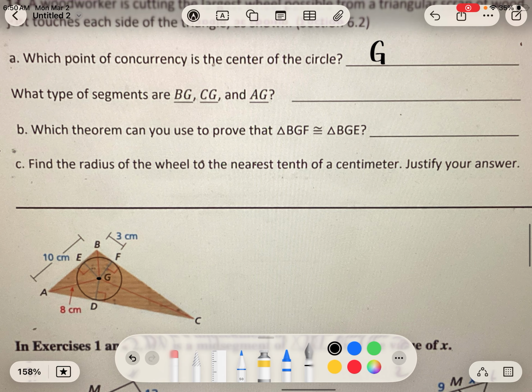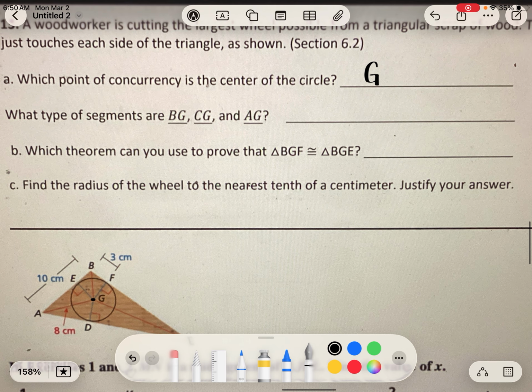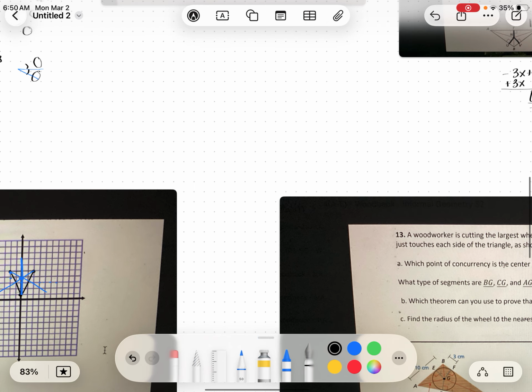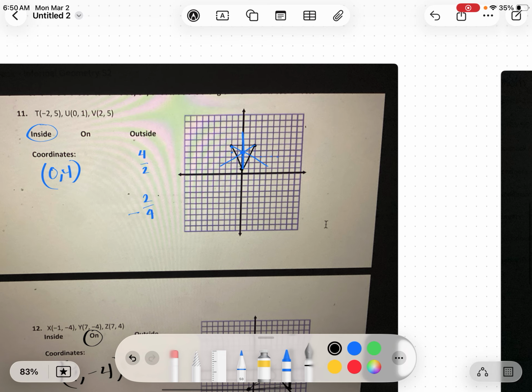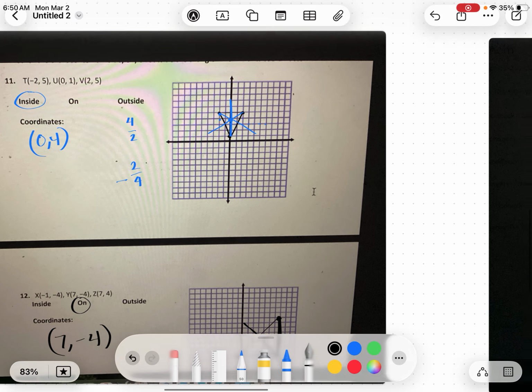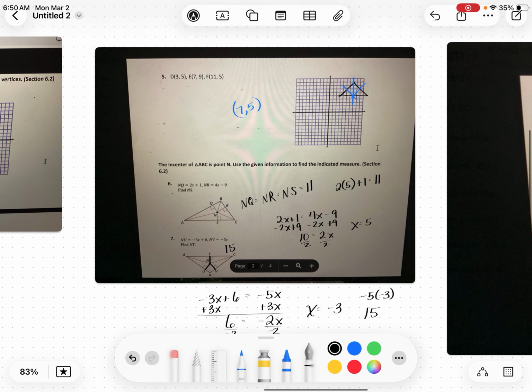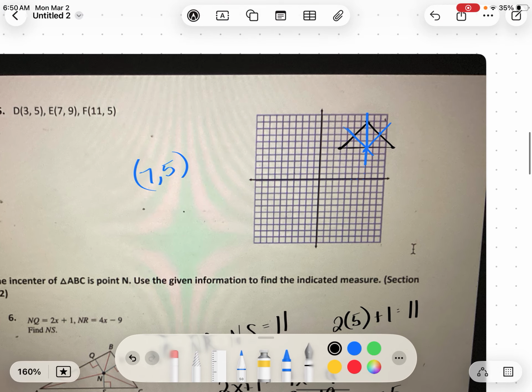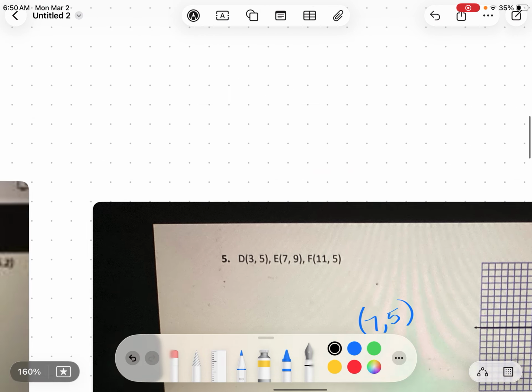And what type is that? So when you think about all the problems that we had, was it one of those? Does it look like that? Was it one of those?